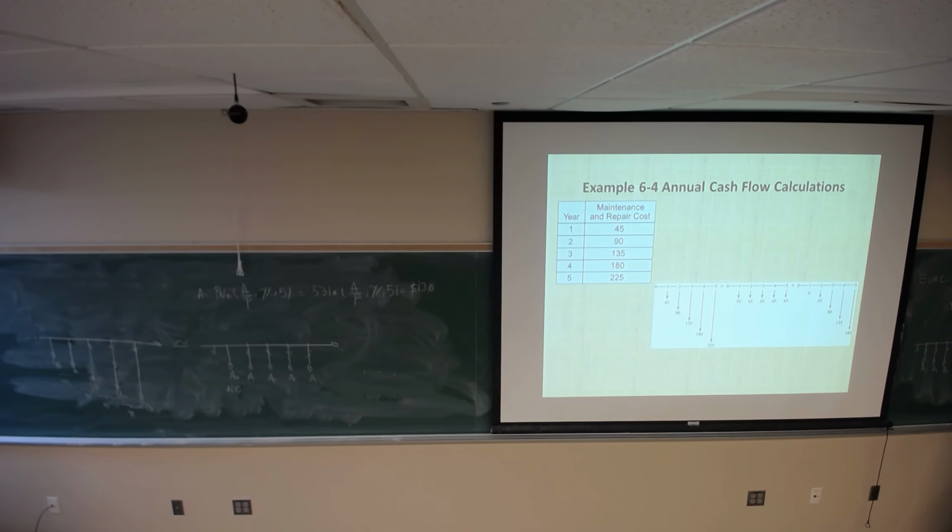I'm looking for A2, and A2 when G is given, G is 45. If you remember, it was G times, I'm looking for A when G is given, interest rate is 7%, and N is 5. A2 would be 45 times this factor.